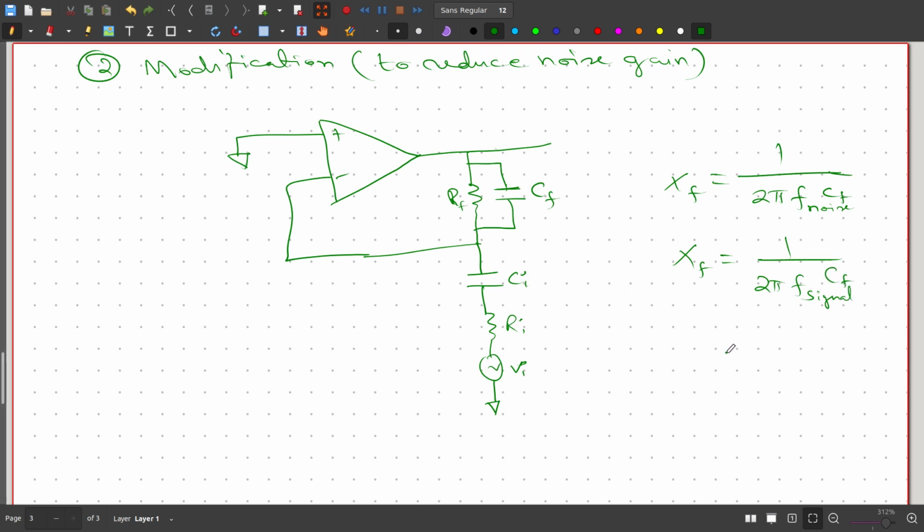Usually the noise frequency is of the order of 10 power 5 or 6 hertz, whereas the signal frequency is of the order of 10 power 2 or 3 hertz, usually 3 hertz.